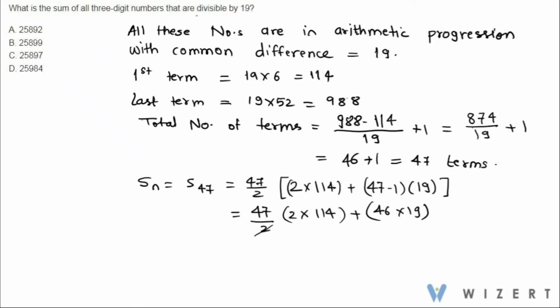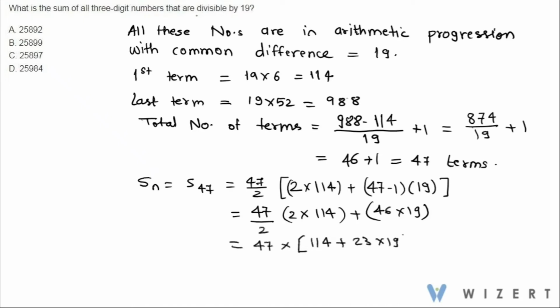So this 2 will cancel out here, and one of the factors of 46 is 2, so 23. We are left with 47 multiplied by 114 plus 23 into 19.